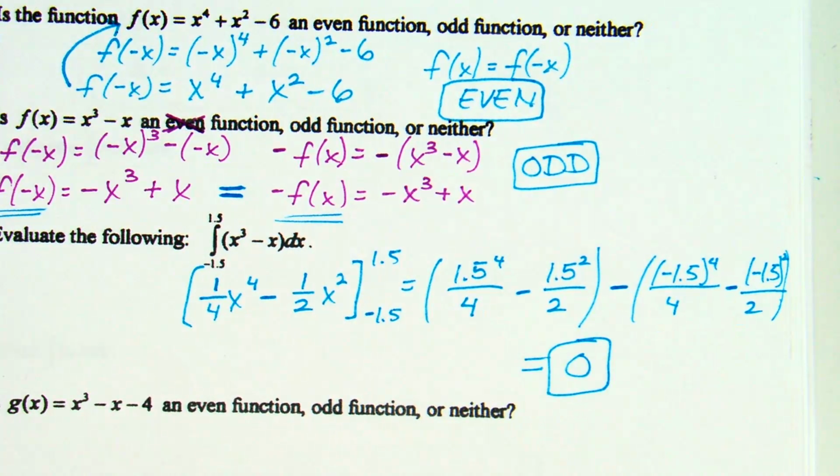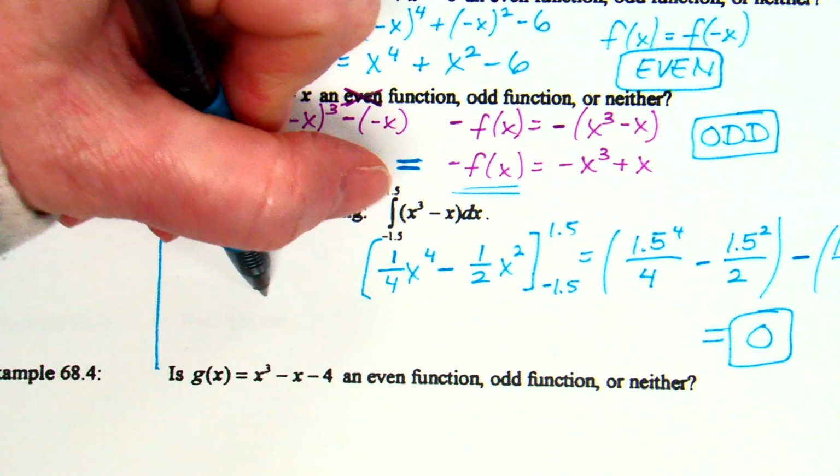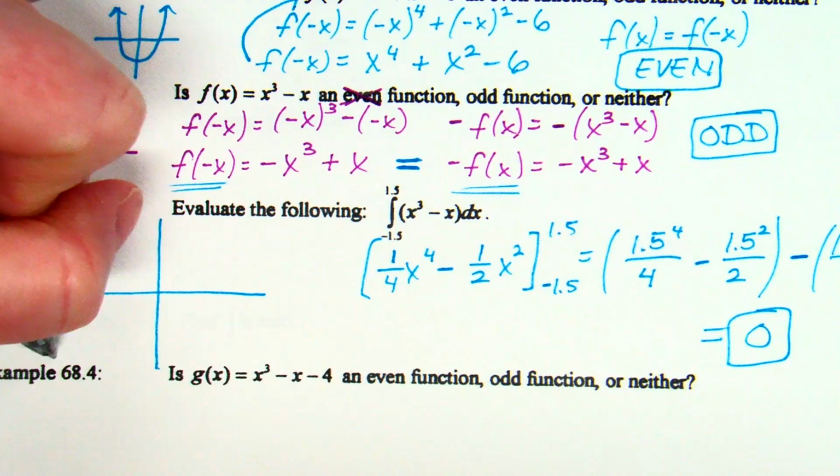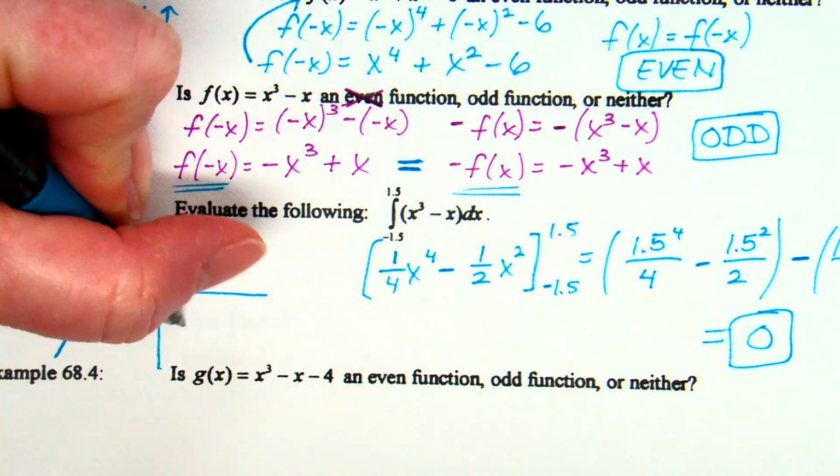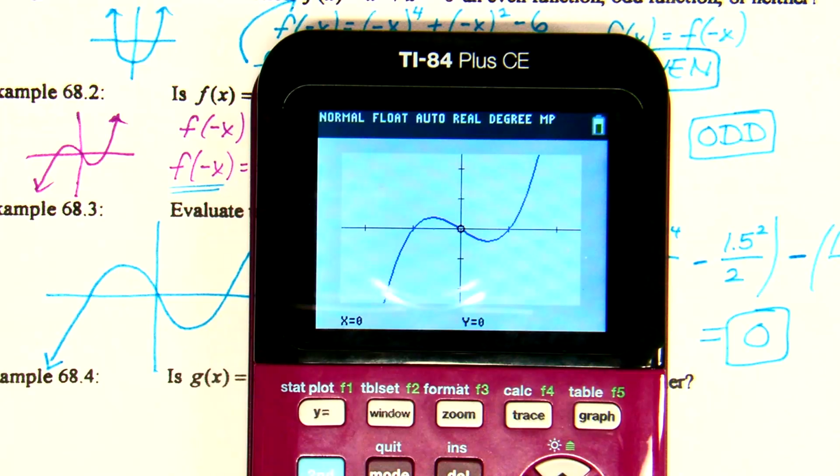Now, I want to show you the graph real quick. I'm going to zoom in on why it's 0. And the idea is, do I have this on my graph? I probably do. If you look right here, here's the graph of it, yes?